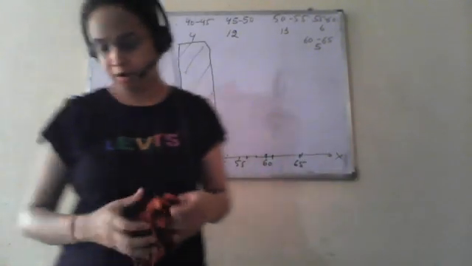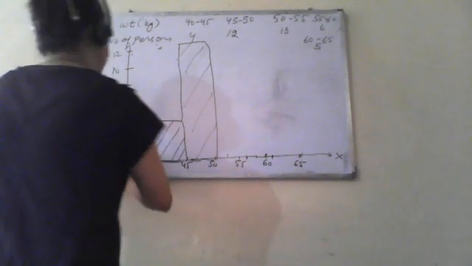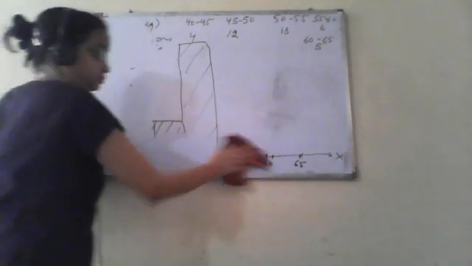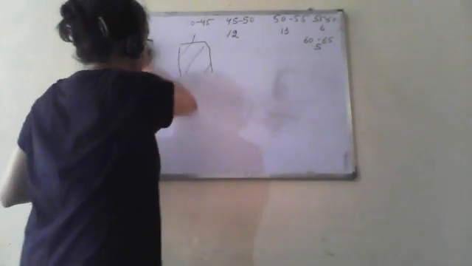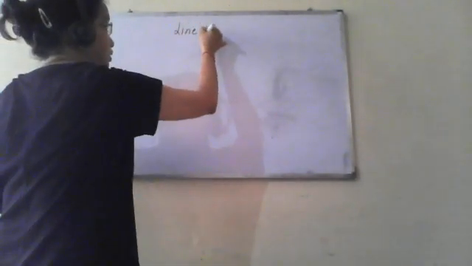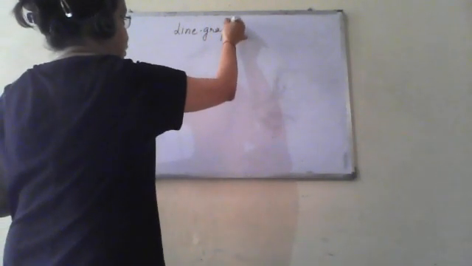Okay, now the last type of graph is the line graph. Now what is a line graph?